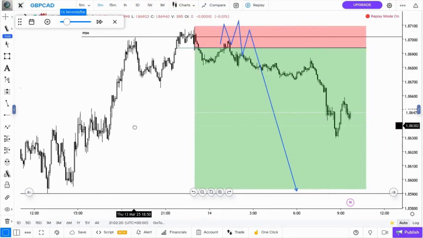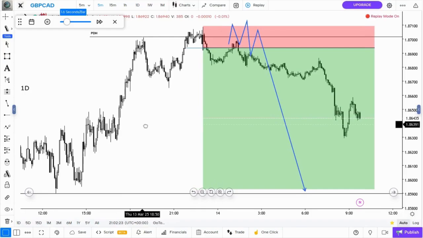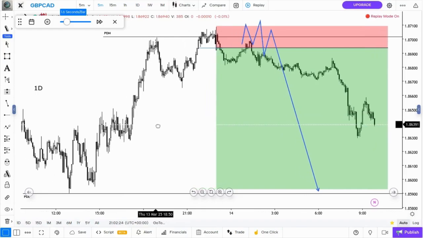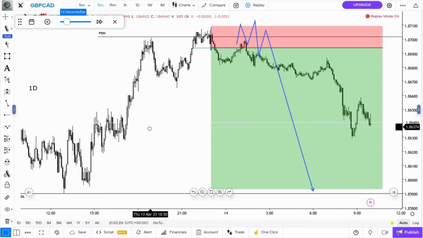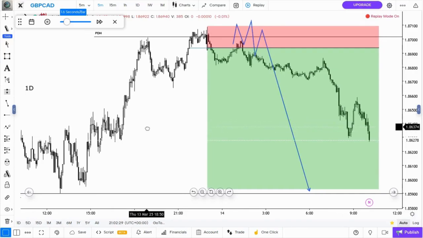Guys, the price is still dropping to sweep the previous daily low. This is the power of CRT.